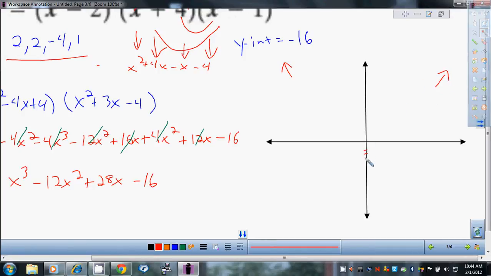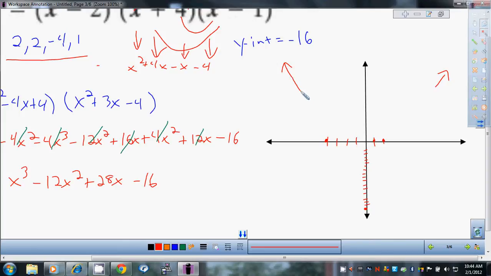Y-intercept was negative 16. That's fine. In these sketches, I'm not going to be that critical. All right. It's going to cross at negative 4. It's going to cross at 1, and it's going to touch at 2.